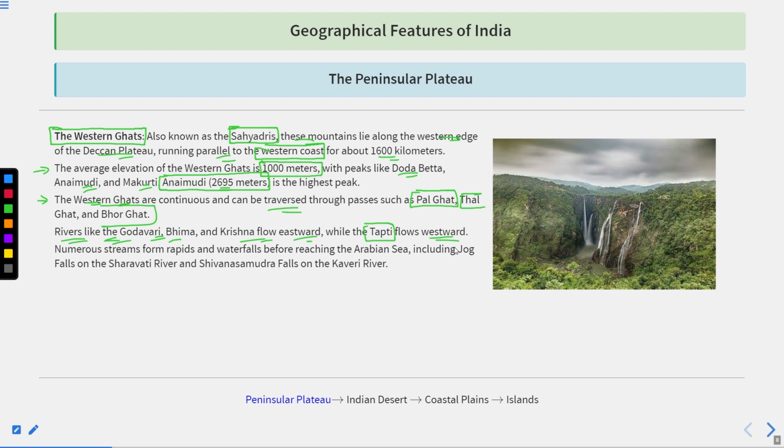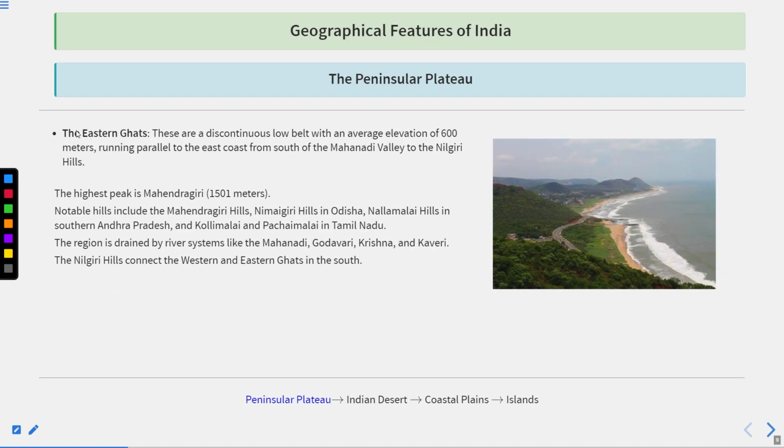Okay, there are numerous streams that form rapids and waterfalls before reaching the Arabian Sea. Famous ones include the Jog Falls on the Sharavati River and Shivanasamudra Falls on the Kaveri River. Alright. Thereafter, the Eastern Ghats.